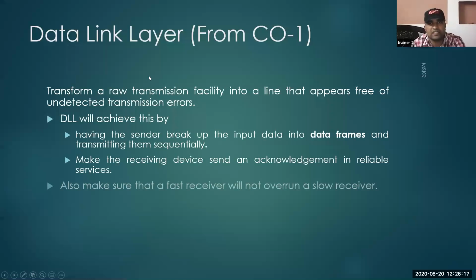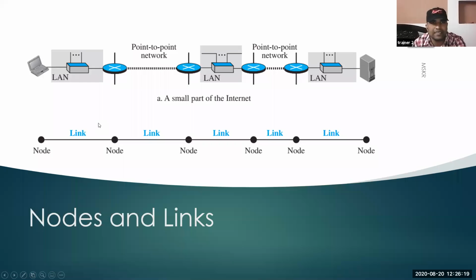So as I just said, the data link layer will always take care of node to node delivery. For every link, one end will be called the sender, the other end will be called the receiver. In the first step, this will be sender, this will be receiver. In the second step, this will be sender, this will be receiver.